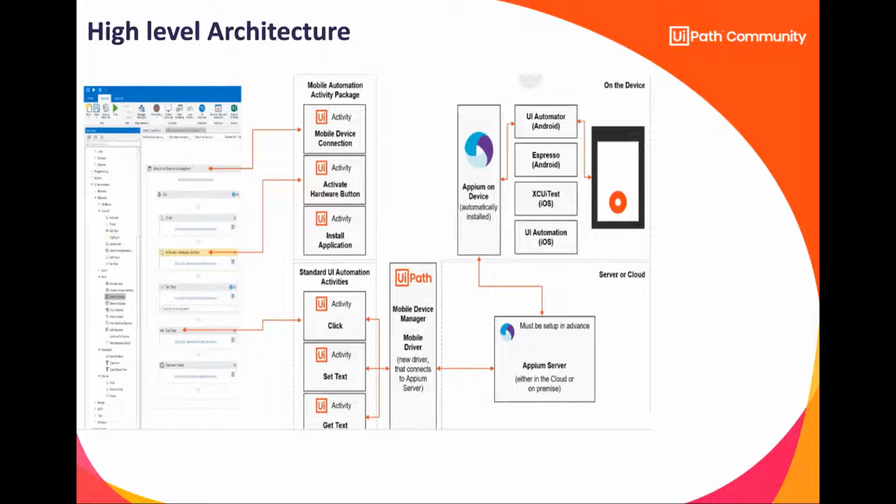And for that, to enable your mobile automation activities, there's a package, the mobile automation activity package. So in the manage packages section you just have to access this package and you can install it. Then you will get access to the mobile device manager, and all these activities are available.